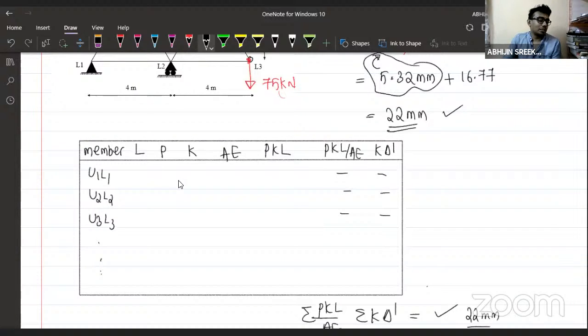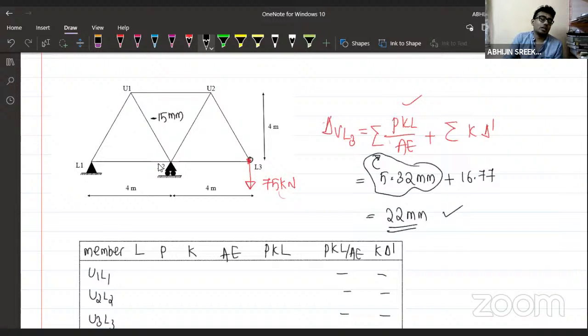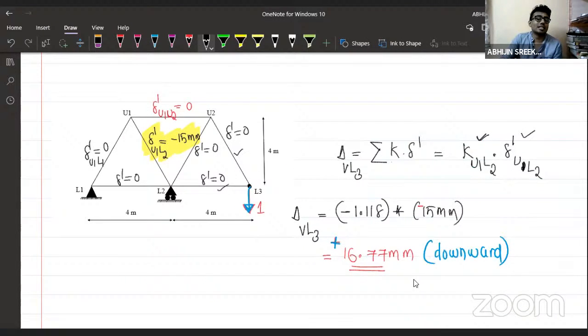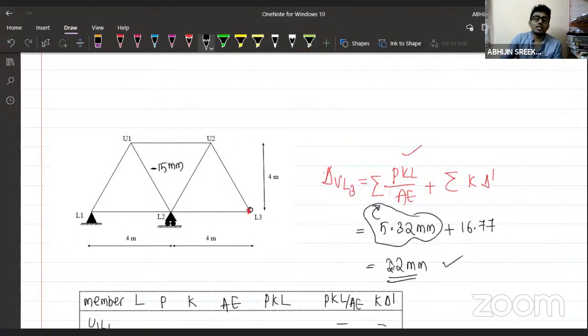Kasturidas is asking, sir, there is no need of using unit load then because there is a load? No, it's not like that. First of all, if I'm considering the effect of this lack of fit only, I should not consider the external load, and we'll be getting the value of 16.77. After that, forget about the effect of lack of fit and apply the unit load here.